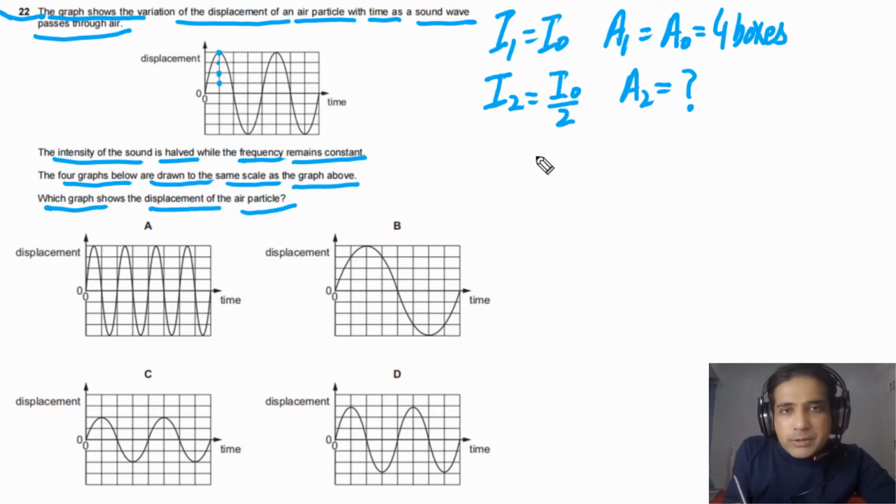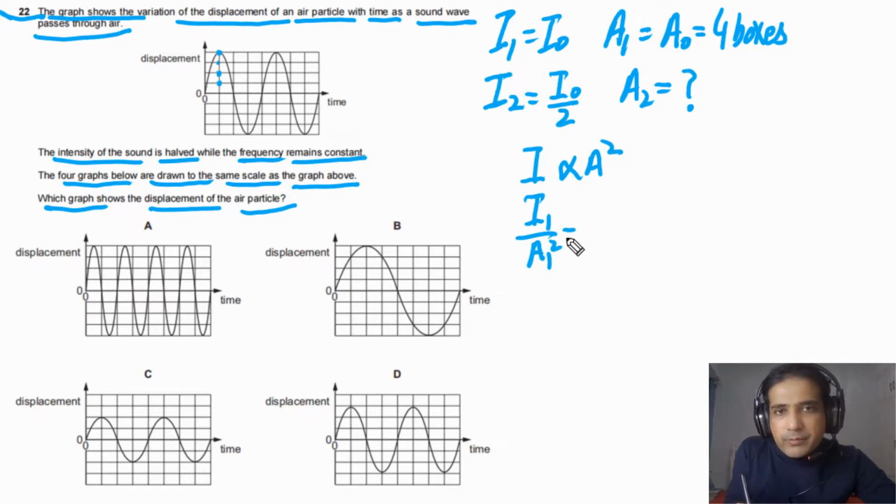We also understand intensity is directly proportional to amplitude squared. So we can simply say I1 over A1 squared will be equal to I2 over A2 squared. In this case, we need to find out A2. So we can rearrange this one.